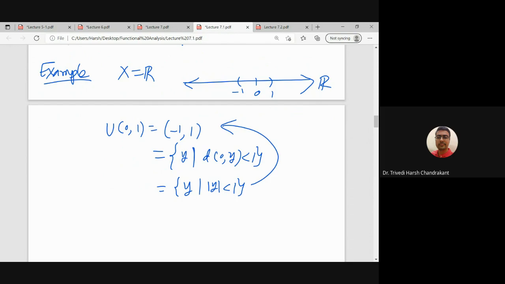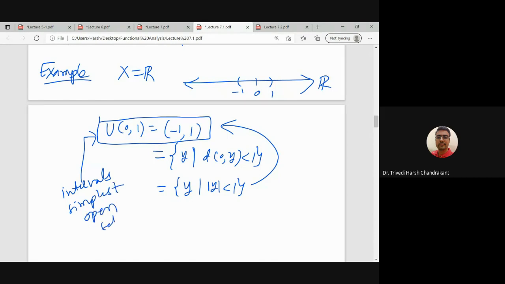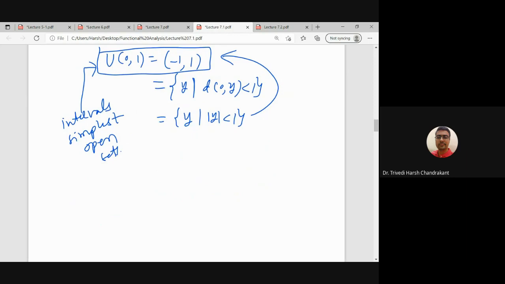Okay, so what are intervals? Intervals are basically the simplest open sets. And what are open sets? How do we define open sets in R?